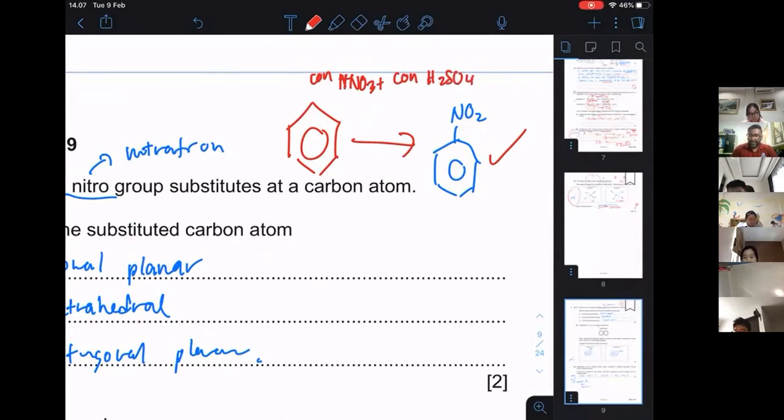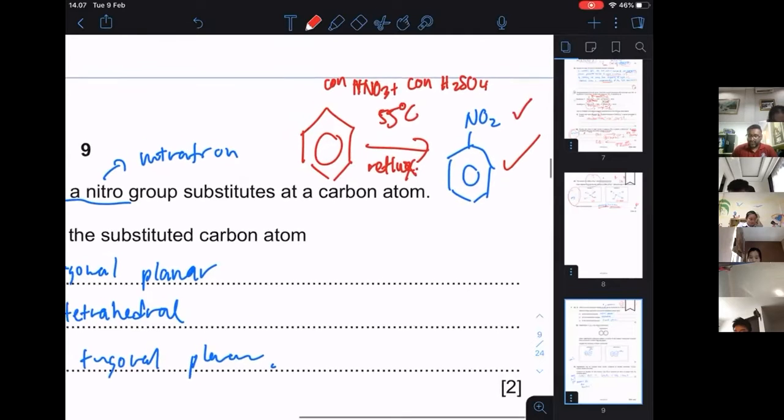Is it sulfuric acid or hydrochloric acid? You can check on this. You have concentrated acids, and then 55 degrees Celsius, and you heat under reflux. When you do that, you are going to get NO2 on the ring.